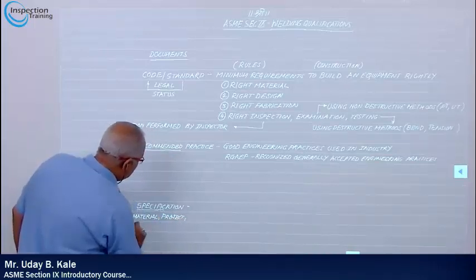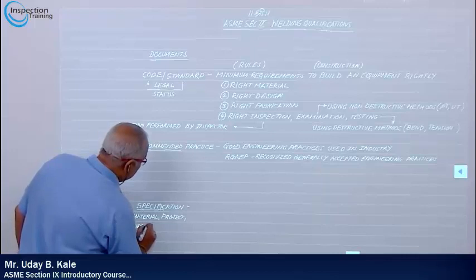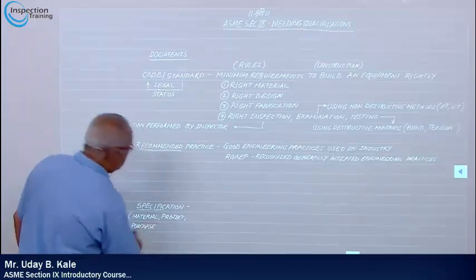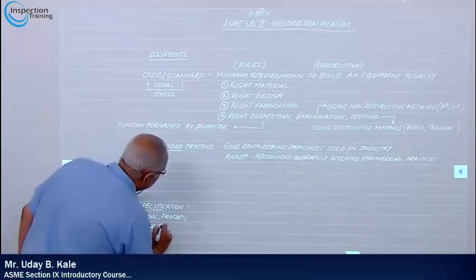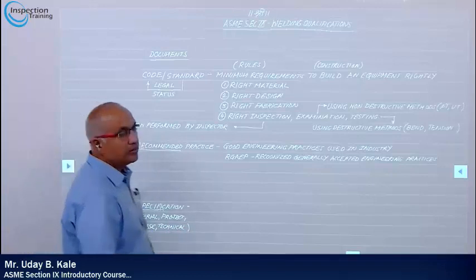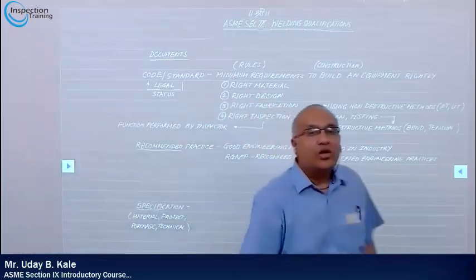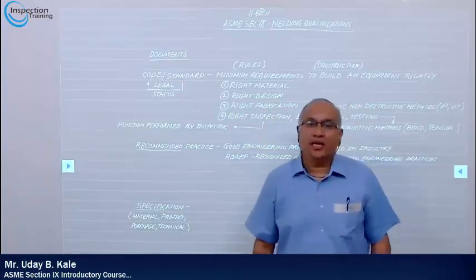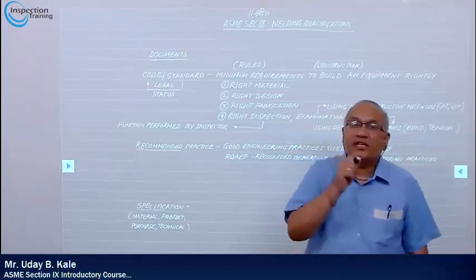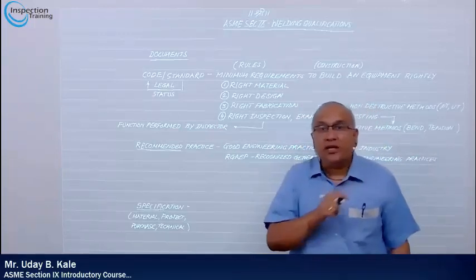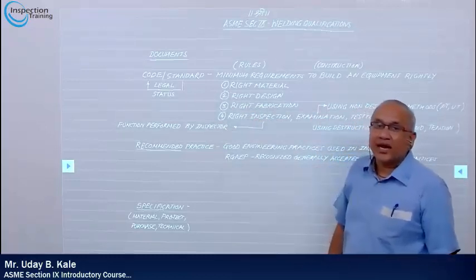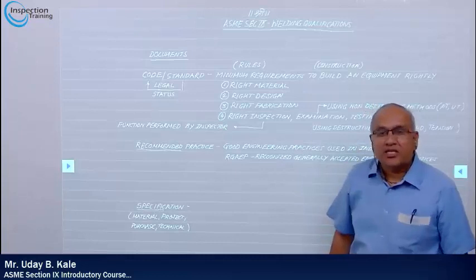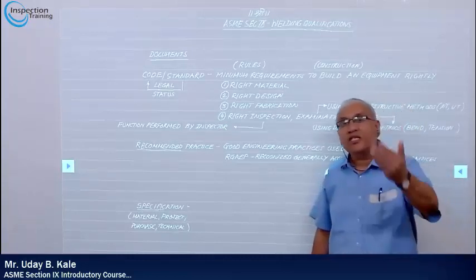You have a purchase specification. You may have a technical specification also. These documents typically give us specific requirements, which may be over and above the code and standard. So it is a document addressing specific requirements.